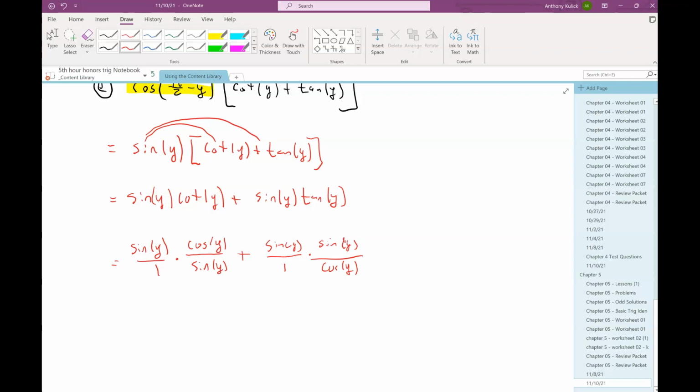Okay. So you see that we replaced the cotangent with cosine over sine and the tangent with sine over cosine. Hopefully you notice that the sines can cancel in the first pair of fractions, and then the sines can combine in the second pair of fractions.